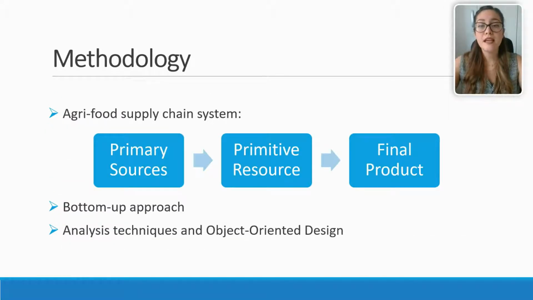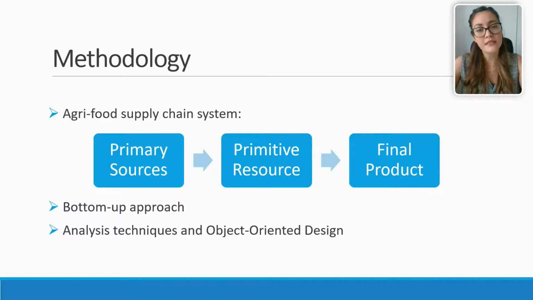So we studied the agri-food production domain and we found that virtually all agri-food supply chain systems start from one or more primary sources, such as soil, herd, beehives, lake, sea, and so on, and produce a primitive resource, the harvest, milk, raw honey, fishes.